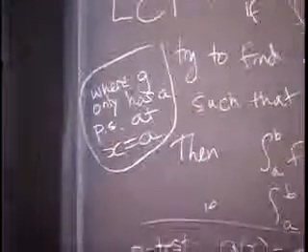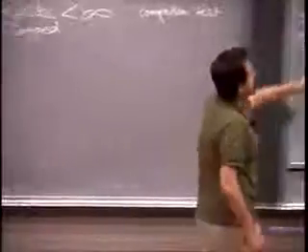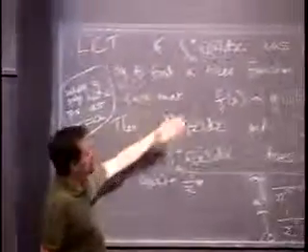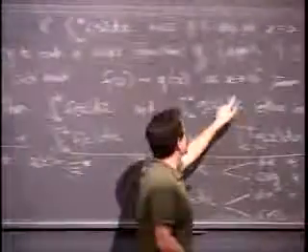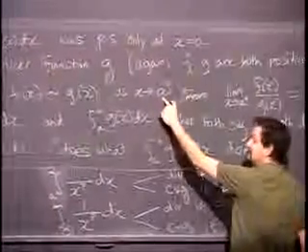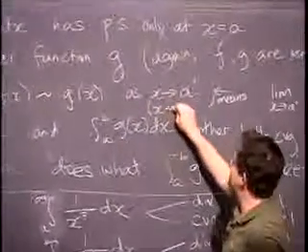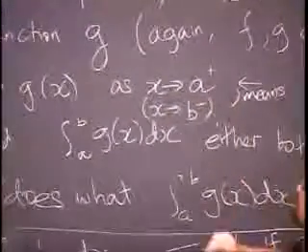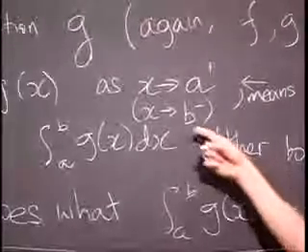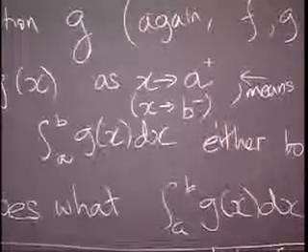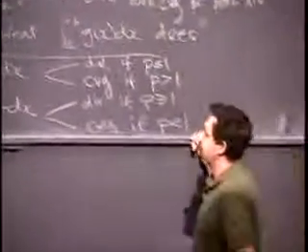I should also mention that if the problem spot is at b instead, then everything is the same except that this becomes a left-hand limit at b. So you might wish to just sort of mentally replace it by x goes to b minus if the problem spot is at b instead of a. So not really any difference between the left and the right.